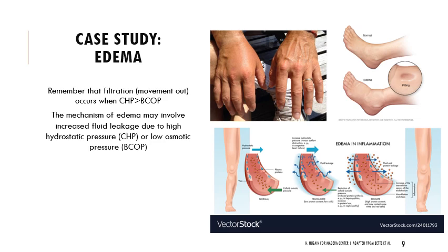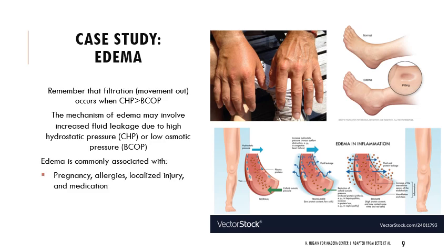You have fluid leakage, movement out. If you have very low osmotic pressure, then it's going to make that lower than CHP, and so you have fluid leakage, you have movement out. So both of those situations might result in edema, and that's commonly associated with pregnancy, allergies, localized injury, and medication.